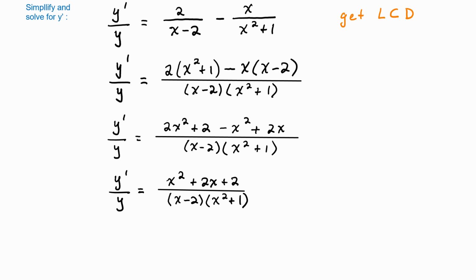Now we are ready to multiply both sides by y so that we can isolate y prime here. And remember, when we multiply by y on the right-hand side, we want to use this form where we have quantity x minus 2 squared over quantity x squared plus 1 to the 1/2 power. So remember, this is just y. On the left-hand side, the y's cancel, and we are left with y prime.